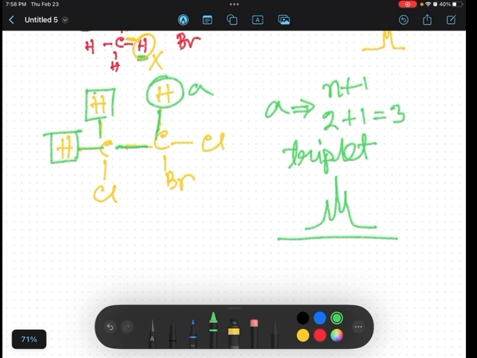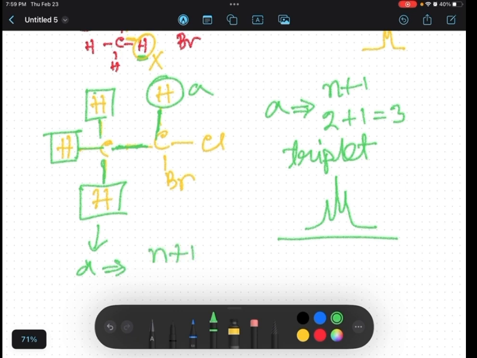That is called multiplicity. Similarly, if the A proton has another proton here, and that proton is also 1, 2, 3 bonds away from A, there is another neighbor. Now for this molecule, how many neighbor protons does the A proton have? 3.